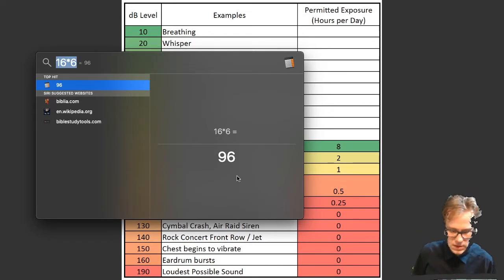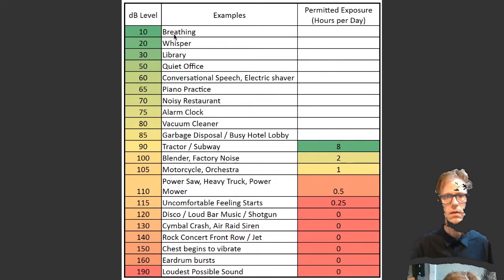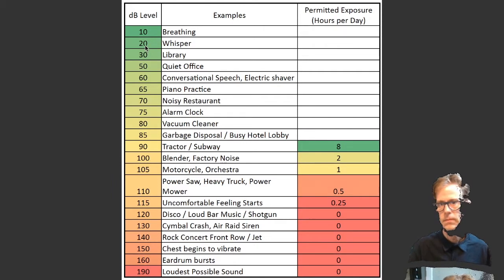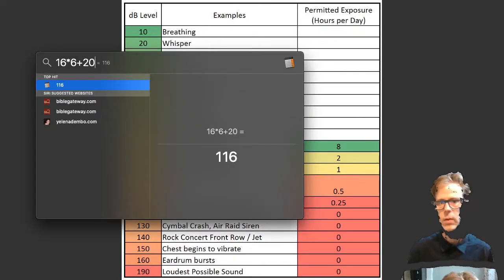So let's say that the quietest possible sound that you wanted to have in your recording is a whisper. So that's pretty quiet. With 16 bits, we could go all the way from whispers, which are 20 dB, all the way up to 116 decibels.